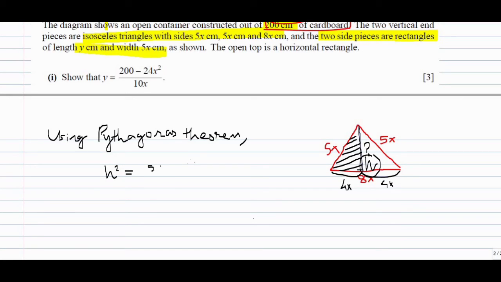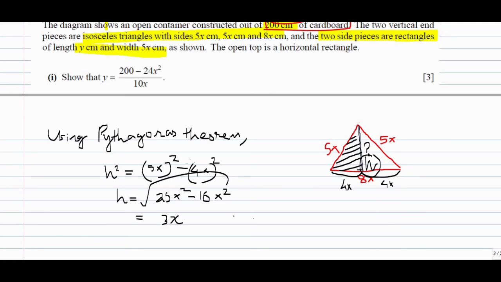So we get the perpendicular height h squared is equal to 5x squared minus 4x squared, which makes h equal to square root of 25x squared minus 16x squared, that is equal to 3x. So the perpendicular height is 3x.